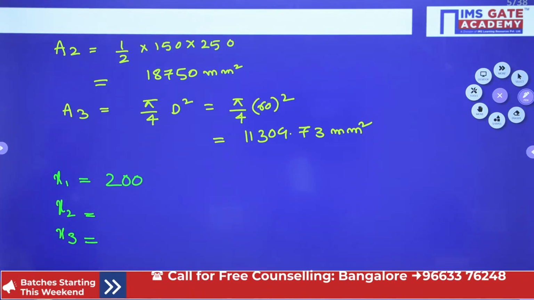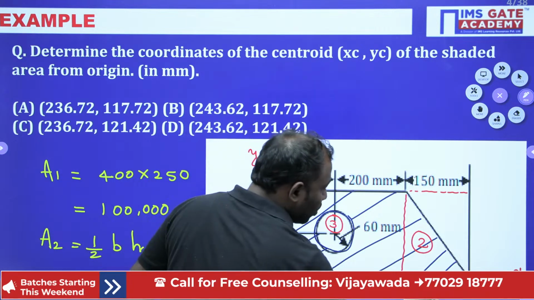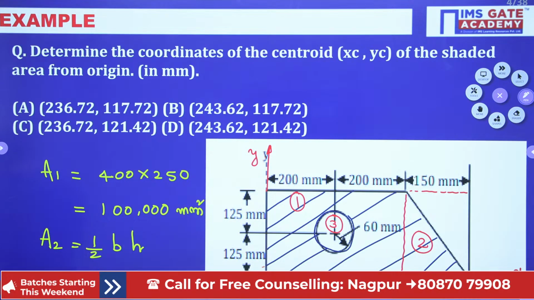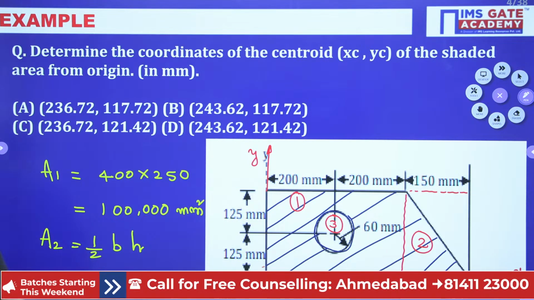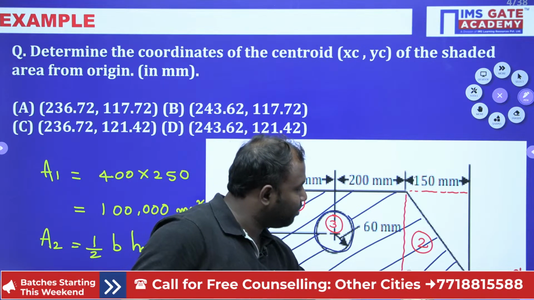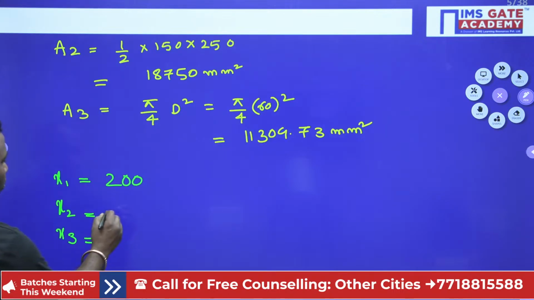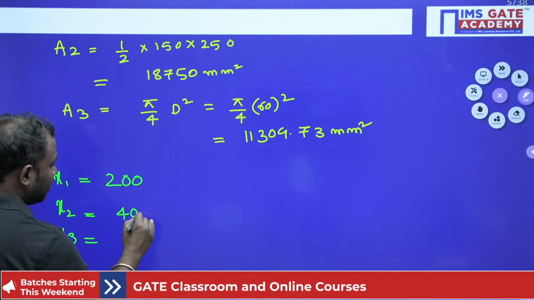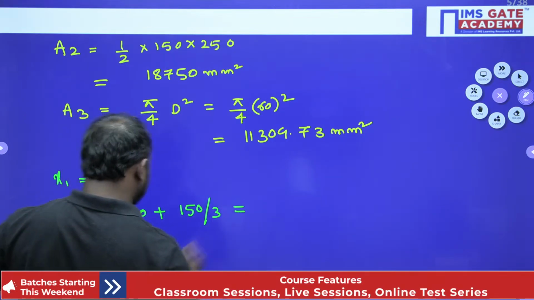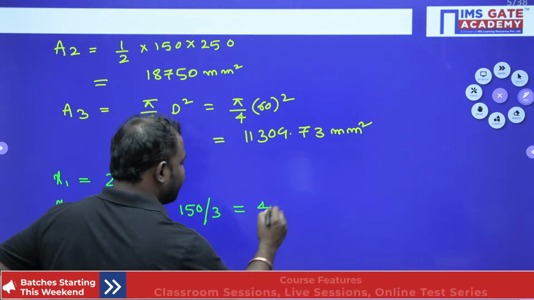Now similarly x2. From here it is going to be b by 3. The total distance is 400 and b by 3 is 150 by 3, so 400 plus 150 divided by 3 gives x2 equal to 450 mm.